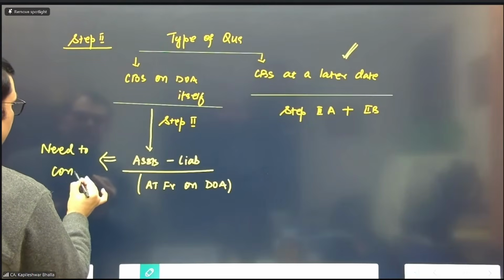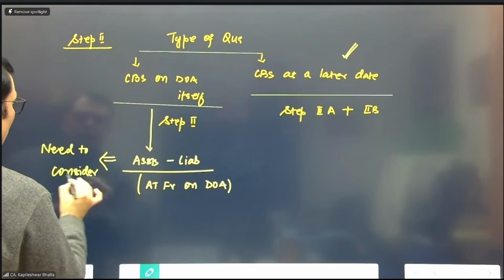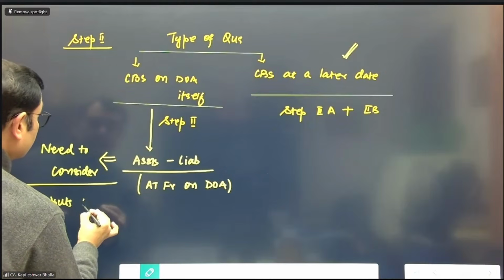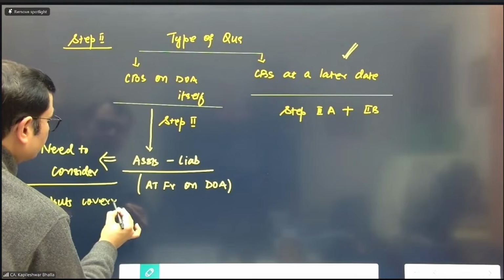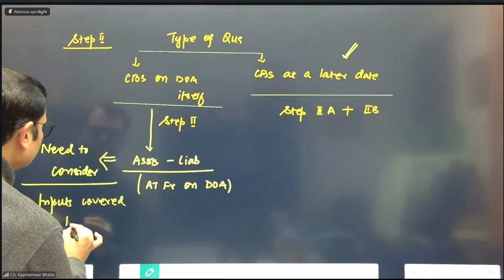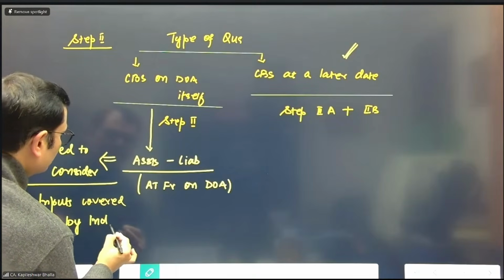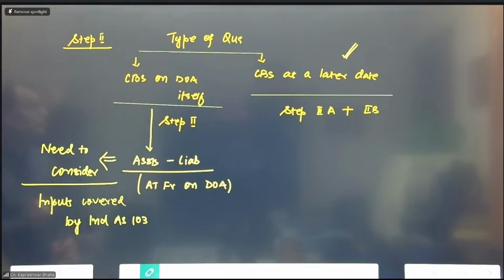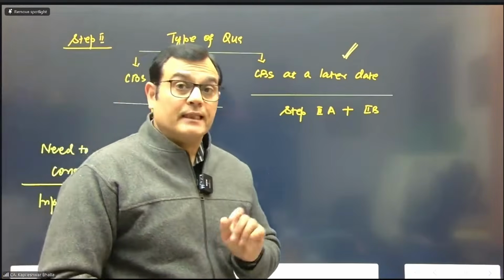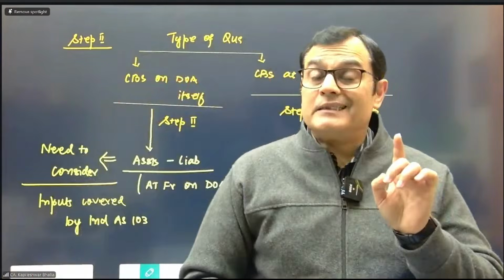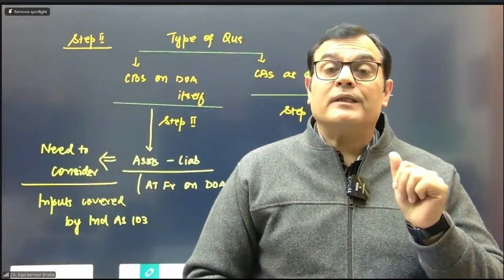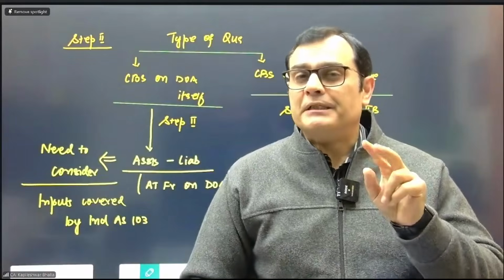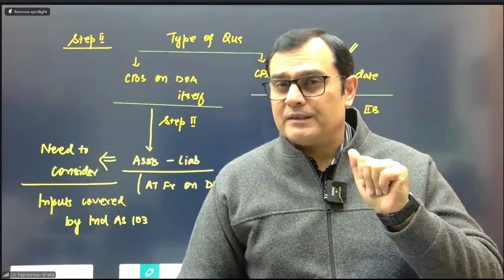So when you're looking at the net assets calculation, remember, you need to consider all the inputs covered in Ind AS 103. When we did step number 3 in this acquisition accounting, I gave you the complications in terms of step number 3A and 3B, deferred tax as well as the list.